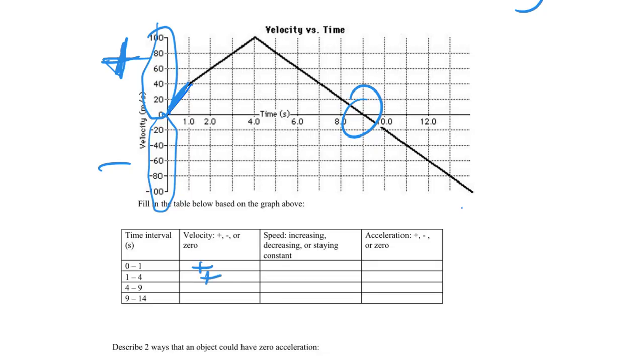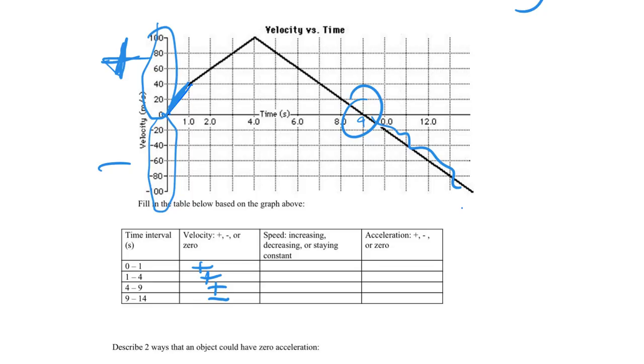And then there's where people mix up. 4 to 9, it's still above the x-axis. It's just that you're slowing down. You haven't changed your direction yet. And then 9 to 14, that's below the x-axis. So that's negative.